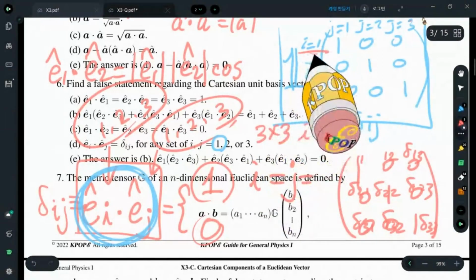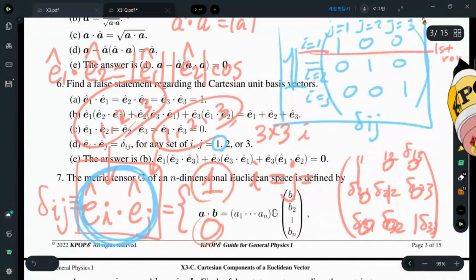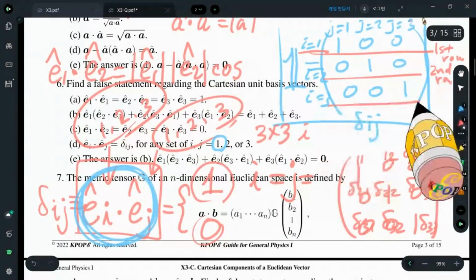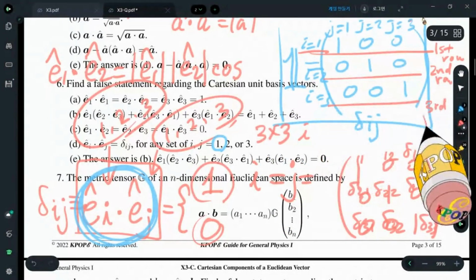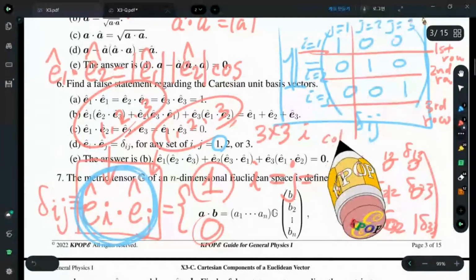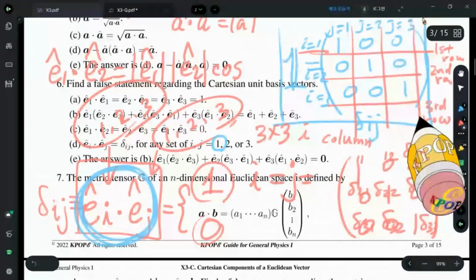So we have the first row, second row, and third row, and the first column, second column, and third column.